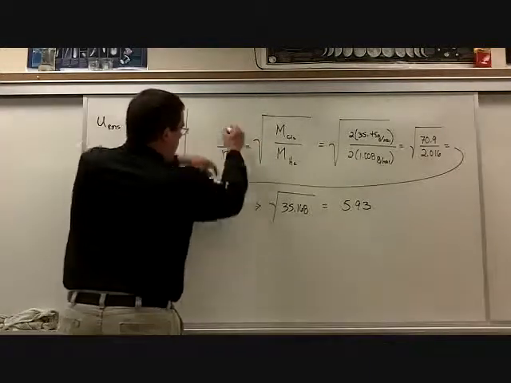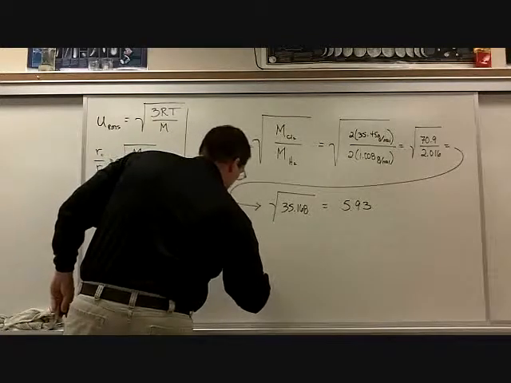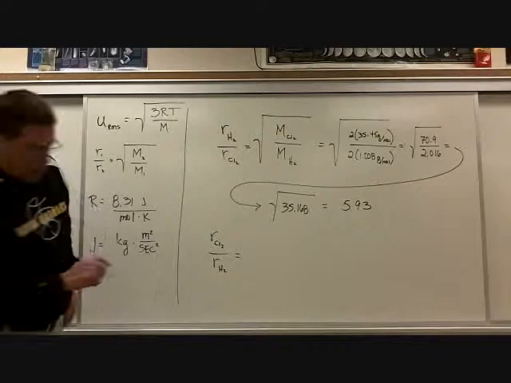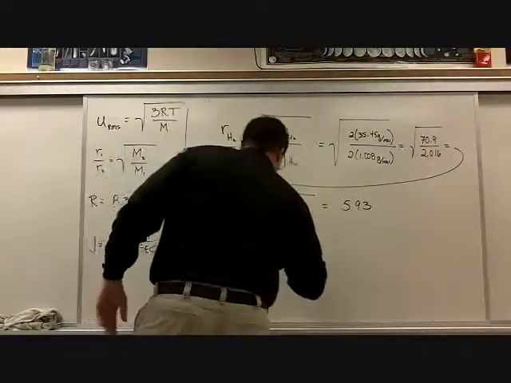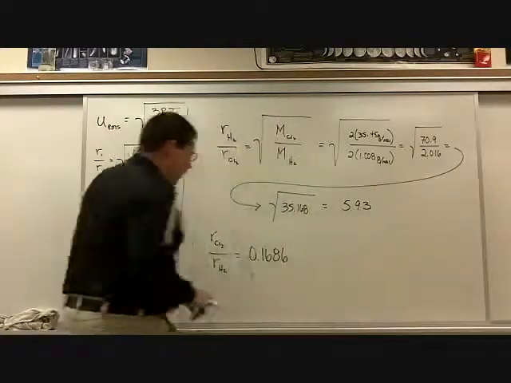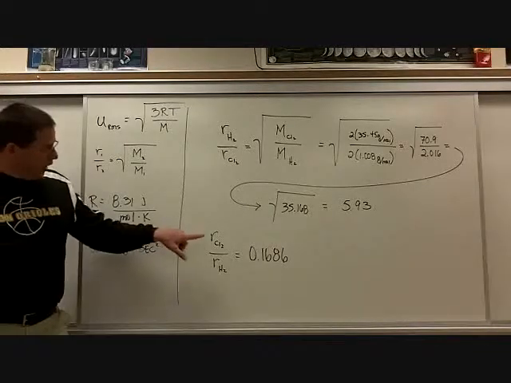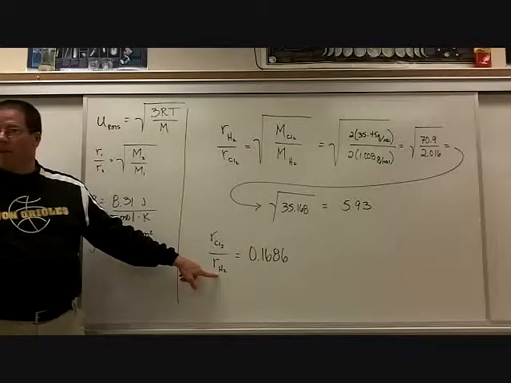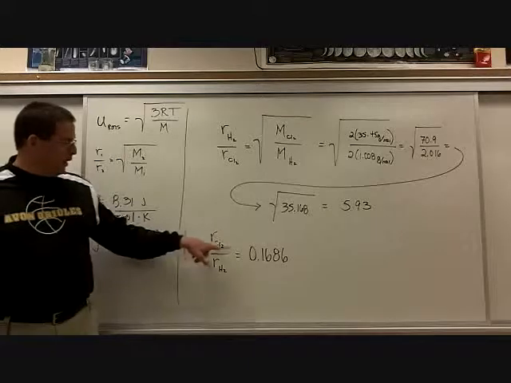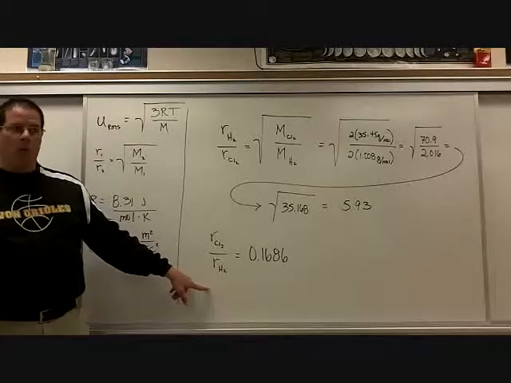Say I did this for whatever reason, my answer would be 0.1686, or we'll leave it at that. Is that wrong? No, it's just slower than. What this is saying is that chlorine is this many times faster than hydrogen, right? Is that a true statement? Chlorine is this many times faster than hydrogen, which means that it is slower.